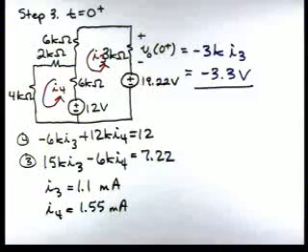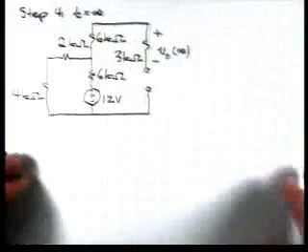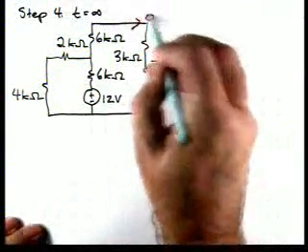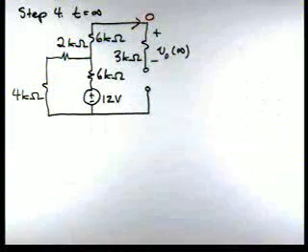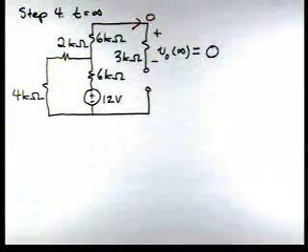Now the next step says draw the circuit at t equals infinity. Assume that the capacitor has once again reached steady state, so we can replace it with an open. Now if we look, there's 0 current, so that tells us that this voltage is 0.